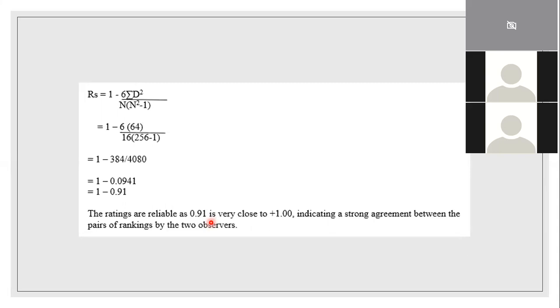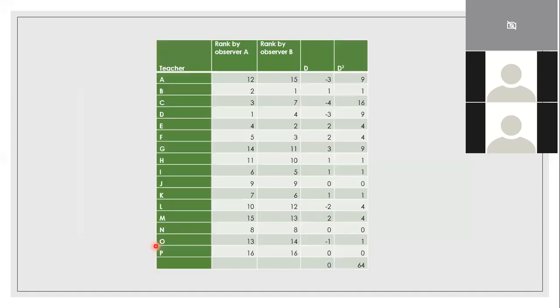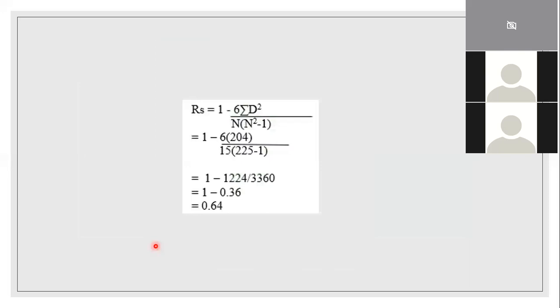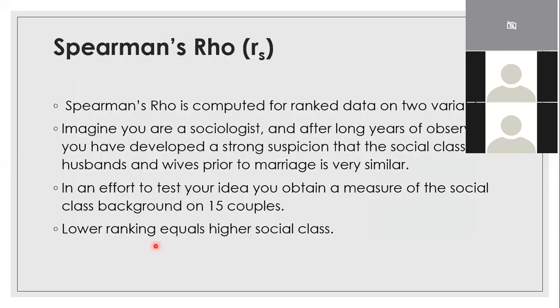So you have the straight line, you have interval data, you can proceed. The second measure is the Spearman, and Spearman, as we said, is applicable to ranked data. So if you have ordinal data, you can use Spearman's rule.